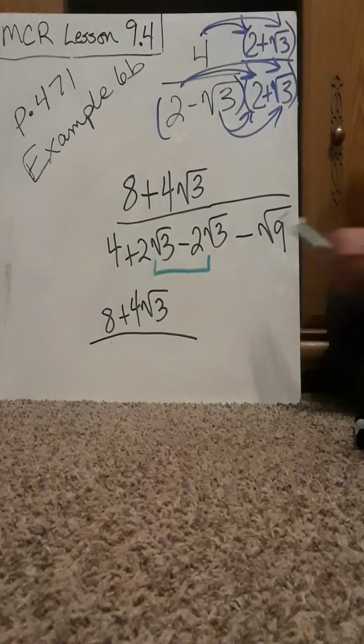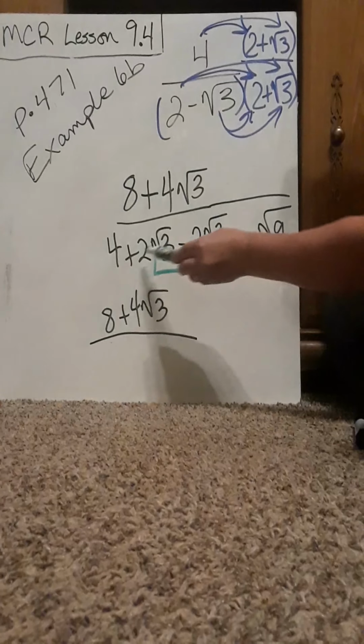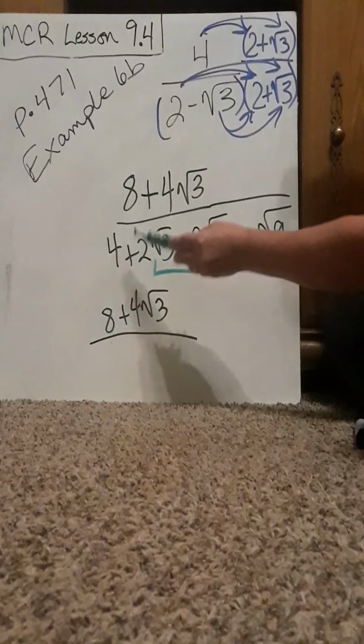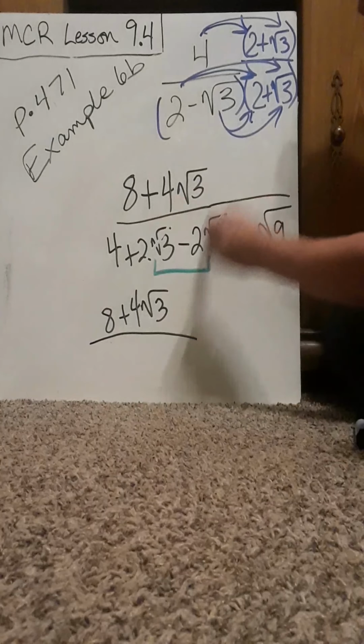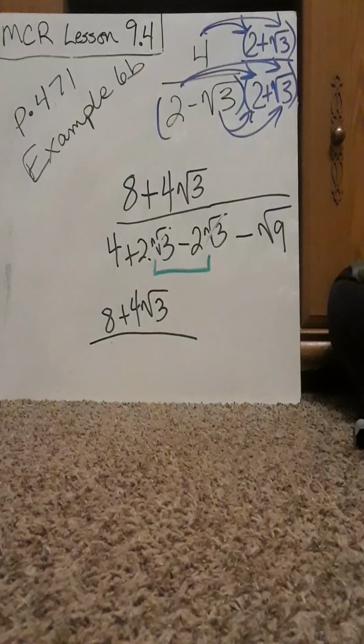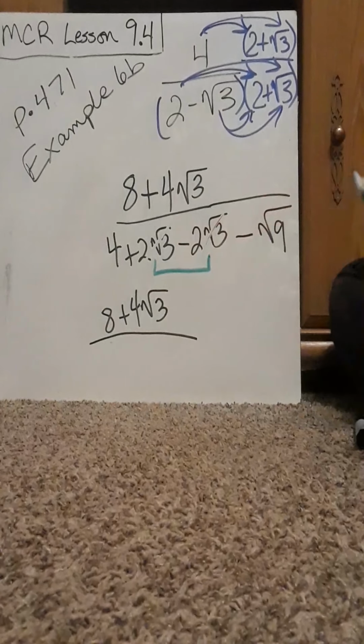If I want to combine them together, I subtract the coefficients. So I would do 2 minus 2, but 2 minus 2 is 0. 0 times anything is 0. So what's happening here is they're canceling each other out. Adding a 2 radical 3 and subtracting a 2 radical 3, they're undoing each other. So they go away in the problem.